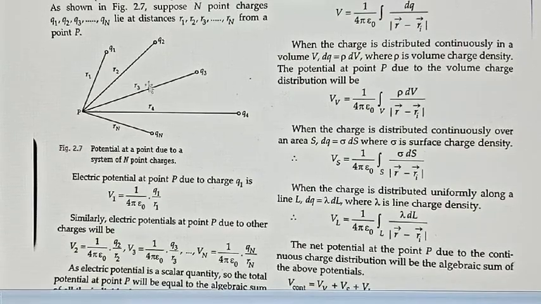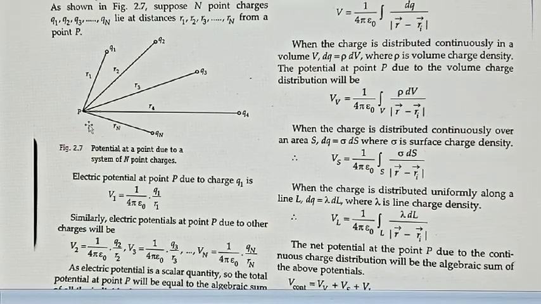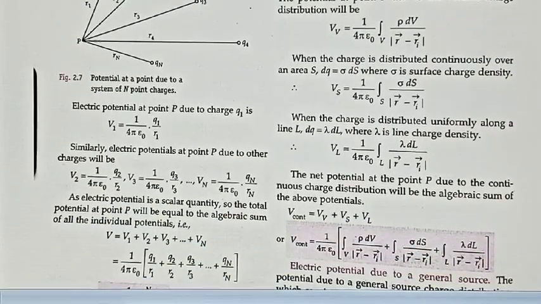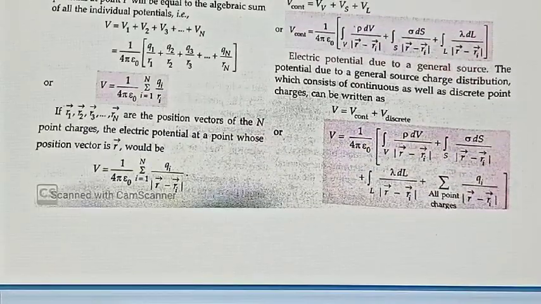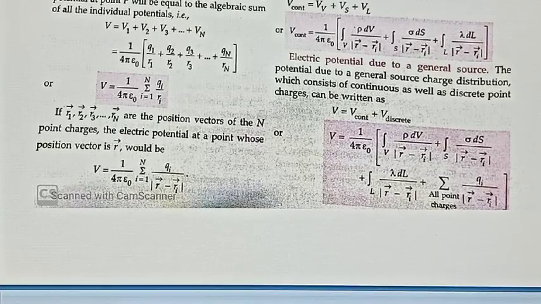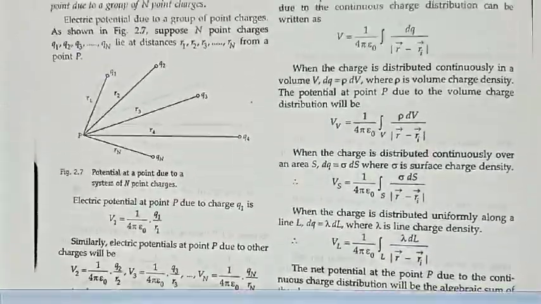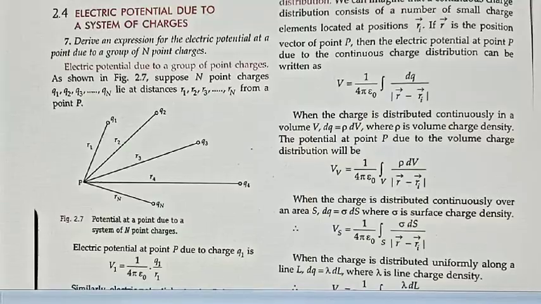Potential at point P is equal to potential at P due to Q1 plus potential at P due to Q2, plus potential due to Q3, plus potential due to Q4, plus potential at P due to Qn. If you consider n number of charges, you can see the general expression V is equal to V1 plus V2 plus V3 up to Vn. So this is the notation. You can do it for any number of charges.